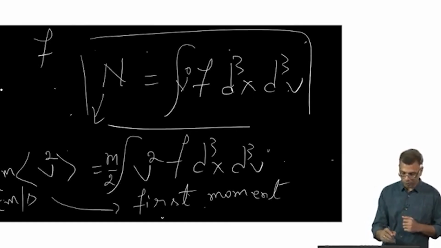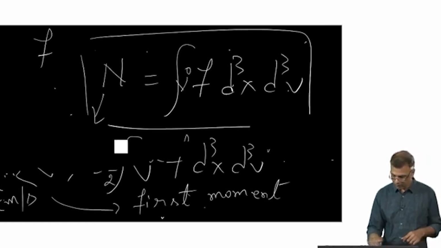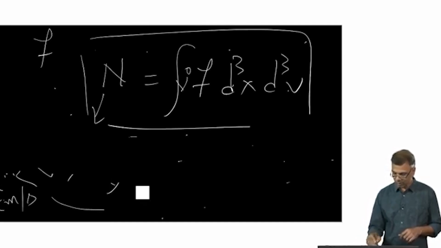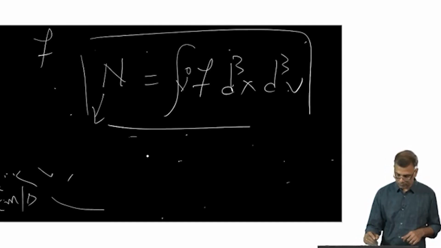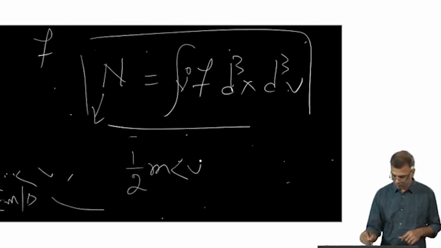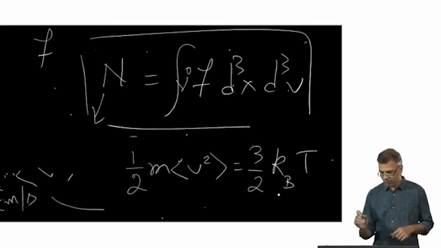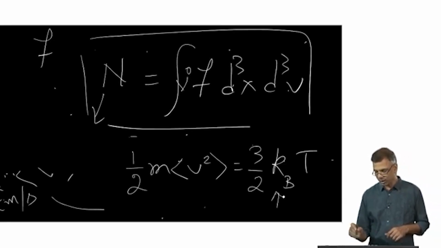I know from other considerations that the average kinetic energy is simply equal to three halves k_B T, where k_B is the Boltzmann constant.